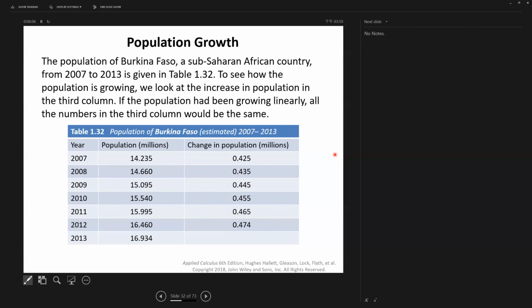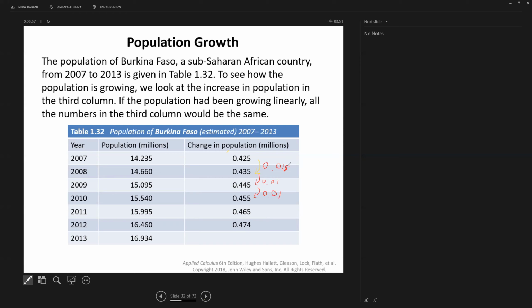If we look at this by subtraction, we know that this grew by 0.015. Actually, let me change the color. The increase amount is 0.015, and this is 0.01.